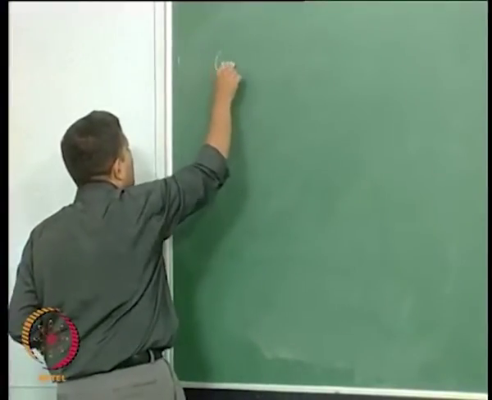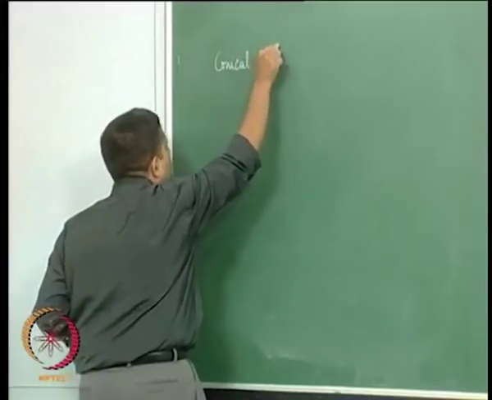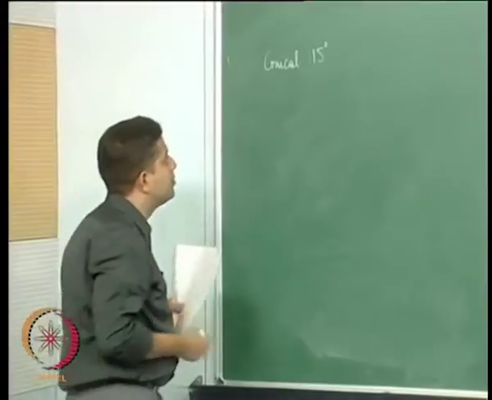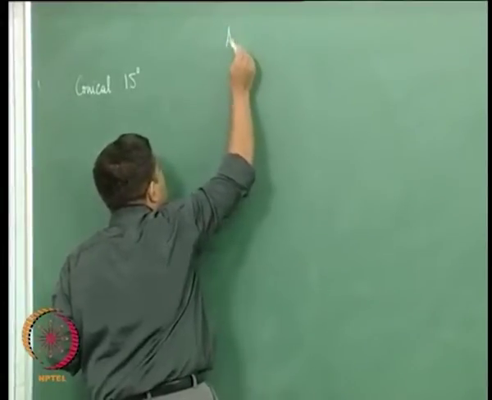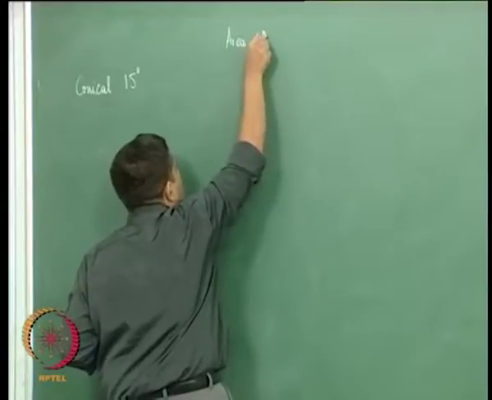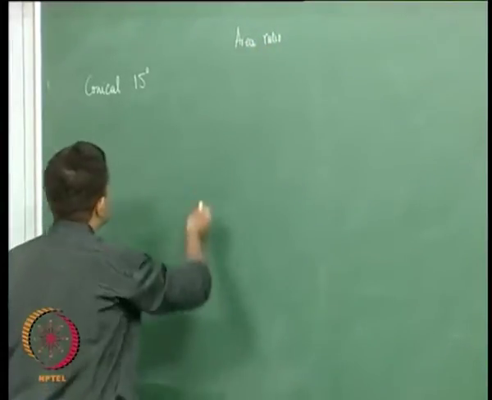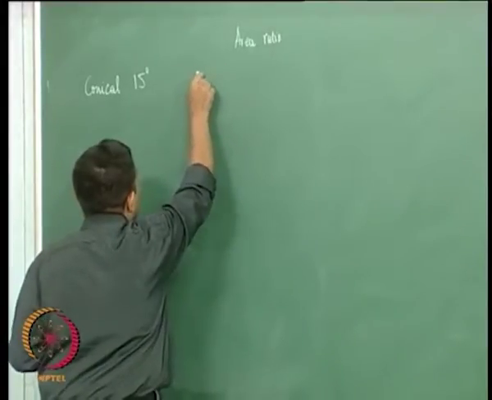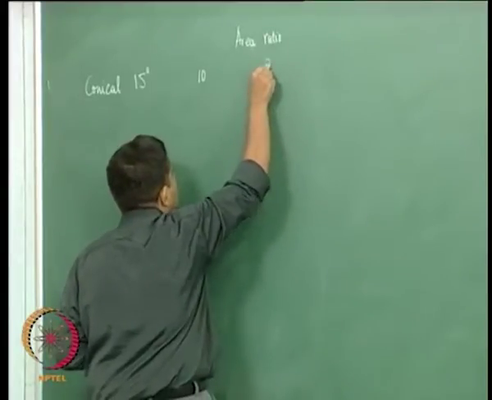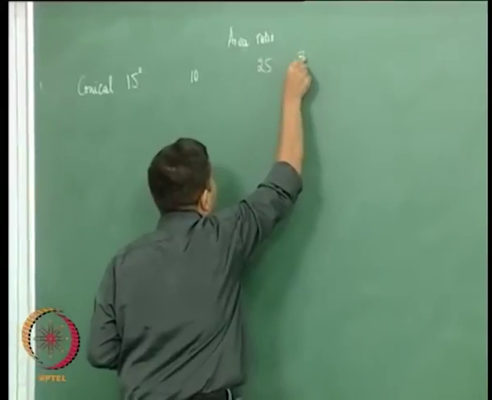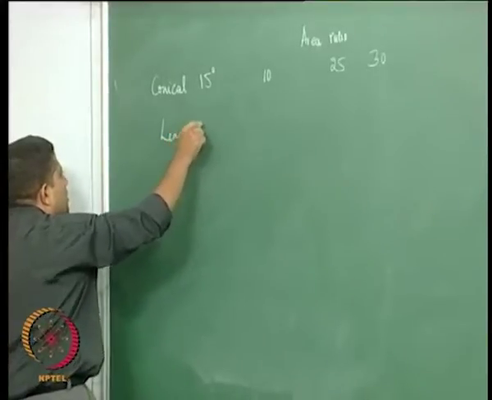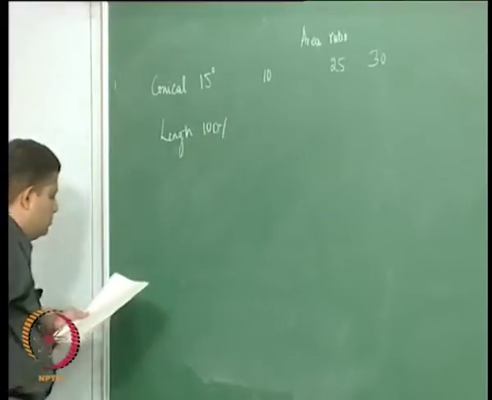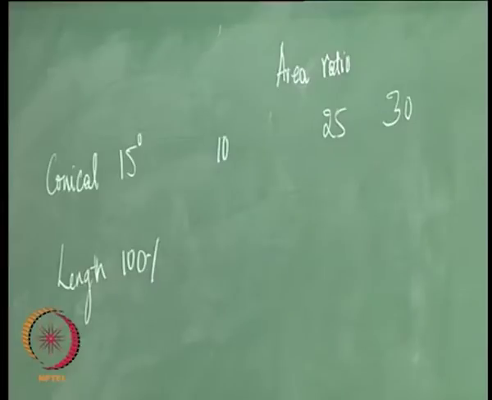Let us say we have a conical nozzle of 15 degree, then for different area ratios, what is the length that we are going to get.